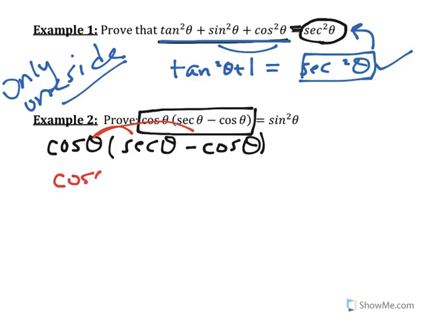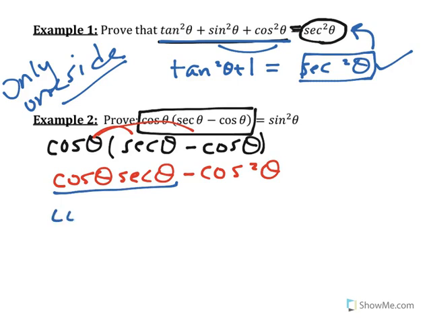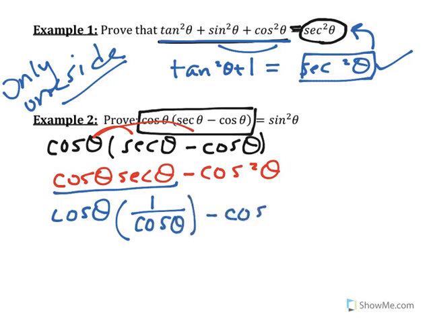So what I'll get is cosine of theta times secant of theta minus cosine times cosine, which is cosine squared theta. Now, I don't like the fact that I have a cosine times a secant. I don't like that I have a secant. So I'm going to rewrite the secant in terms of cosine. Secant is 1 over cosine. And then I have the minus cosine squared. What happens when you have cosine on top and bottom?